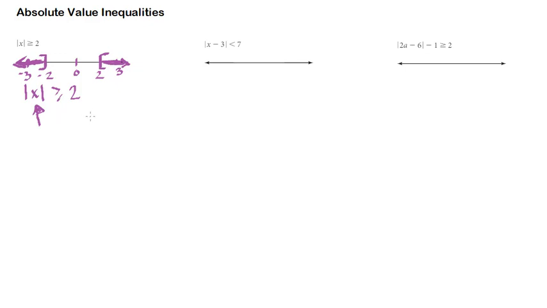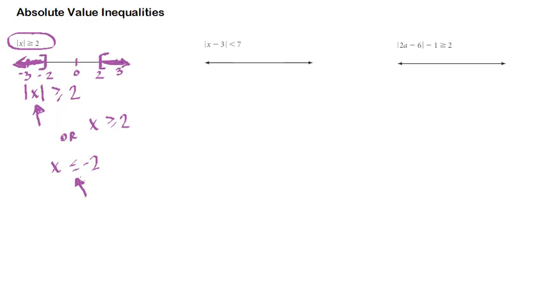So this would be my answer to this problem. I would need to look at both the positive and the negative case, and let's see what makes sense with this. Looking at this inequality here, I could have looked at it as x is greater than or equal to 2, or I could have said that x was less than or equal to negative 2, because when I consider the negative case, I flip the inequality.